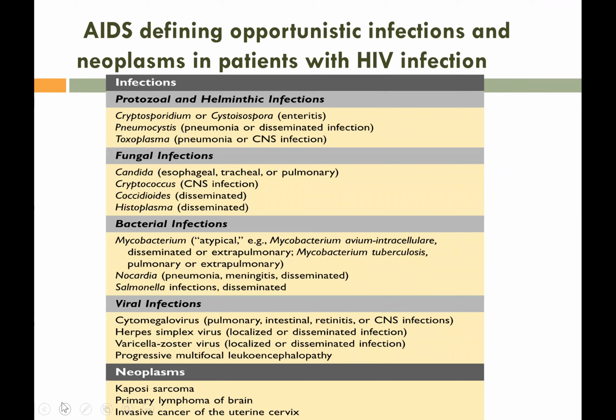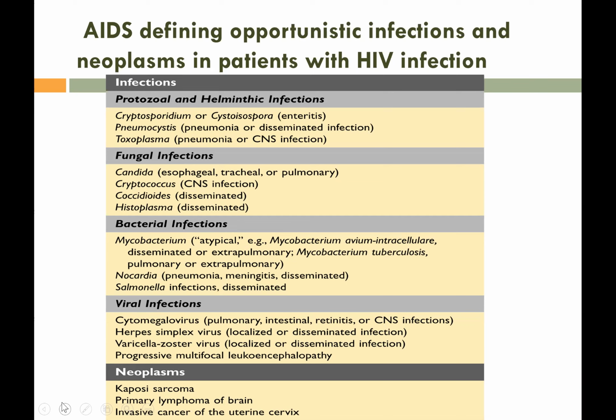These are examples of opportunistic infections. They account for the majority of deaths in untreated patients with AIDS. Approximately 15 to 30% of untreated HIV-infected people develop pneumonia caused by Pneumocystis during the course of the disease.